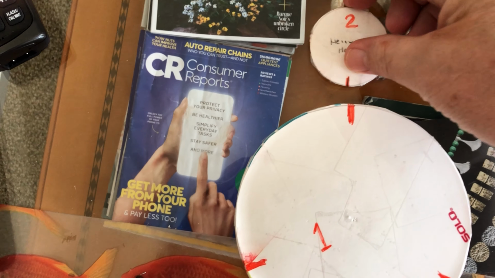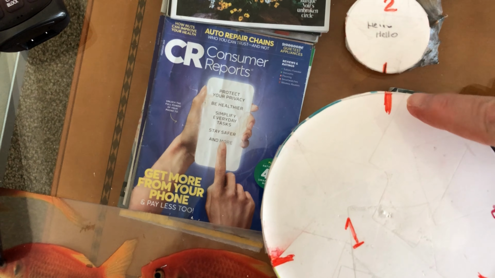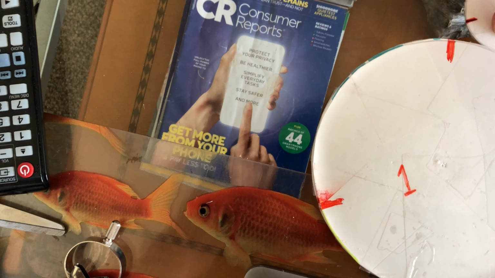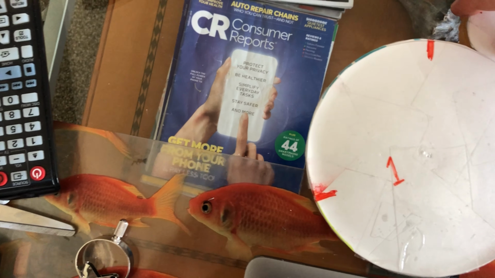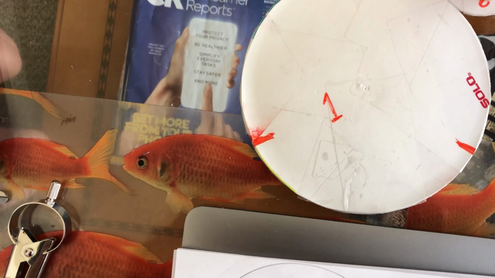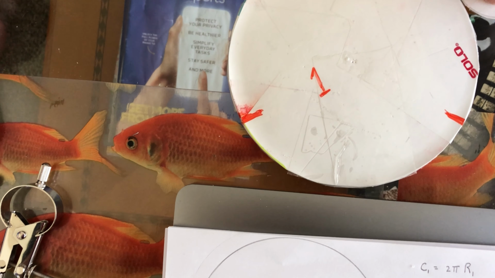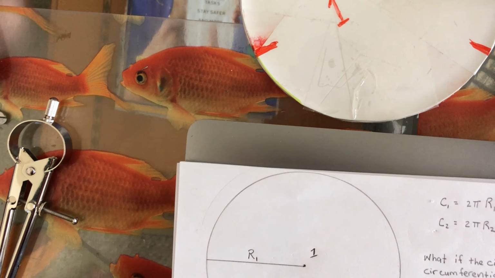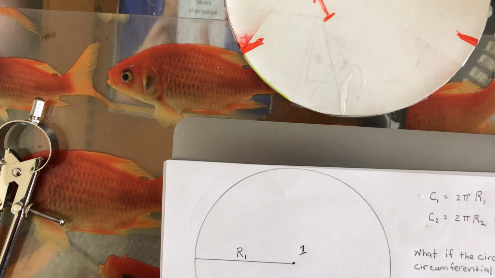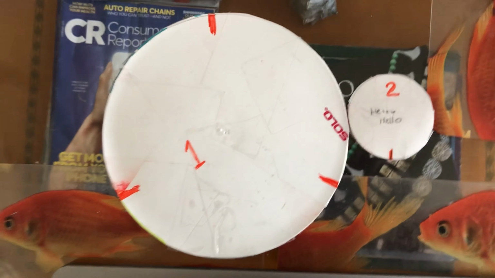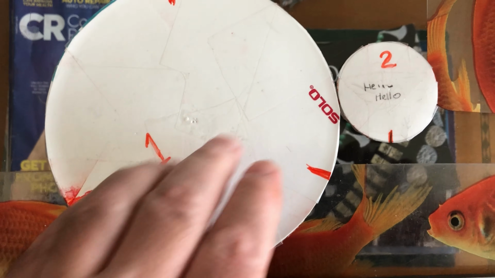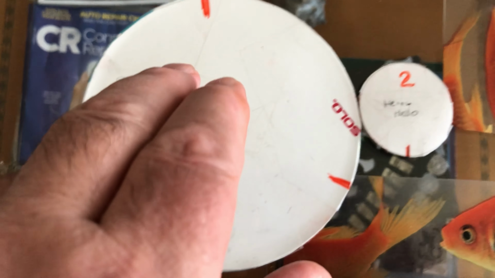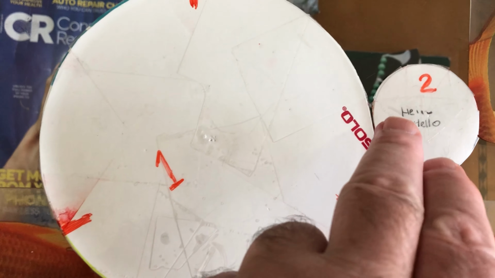I've got the smaller disc lined up with the bigger disc at the same point, and then as I roll around this bigger disc, the smaller disc seems to line up at the 3 o'clock point.